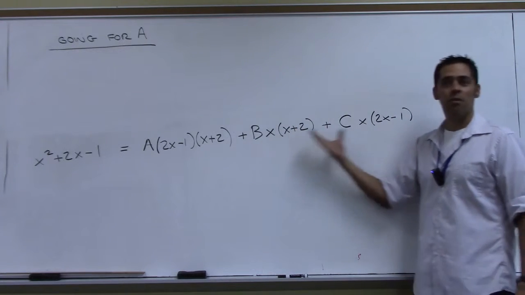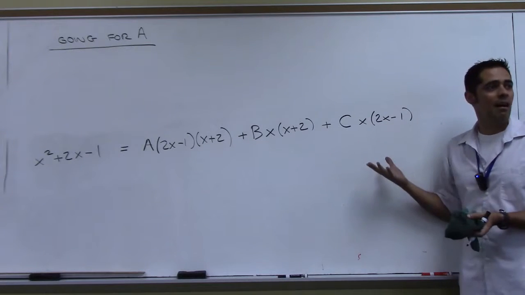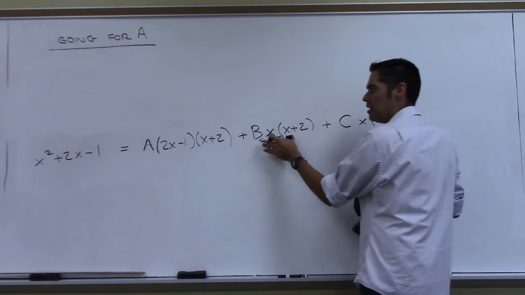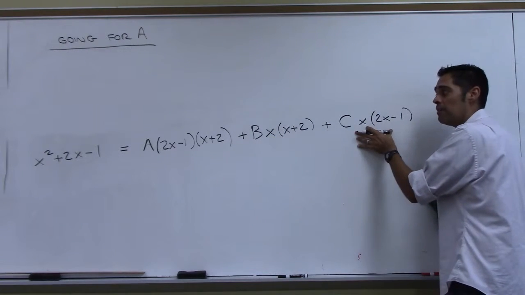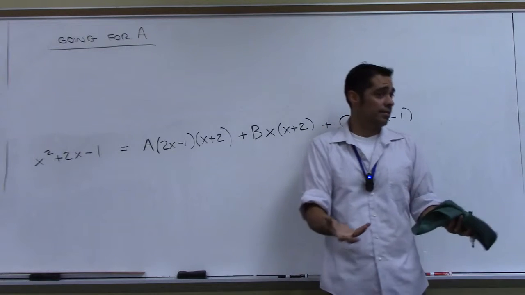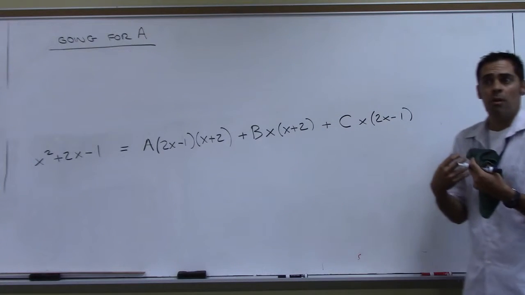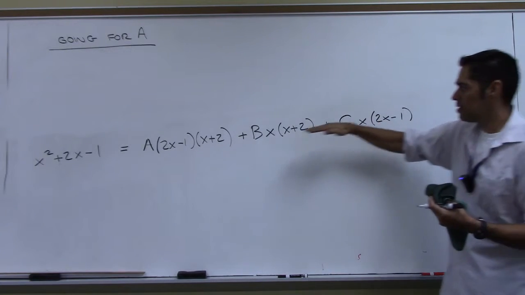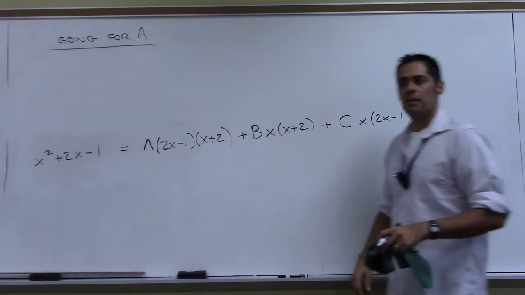If they weren't there, it would make this a less complicated problem, wouldn't it? So how can I kill this term off and this term off without killing this term off, if I have control over x? What can I let x be that would kill this, but not this? If x was 0?